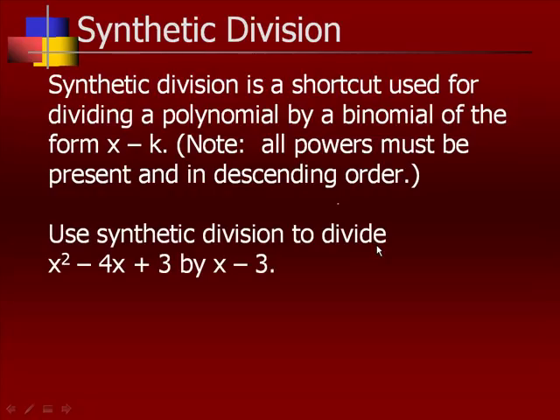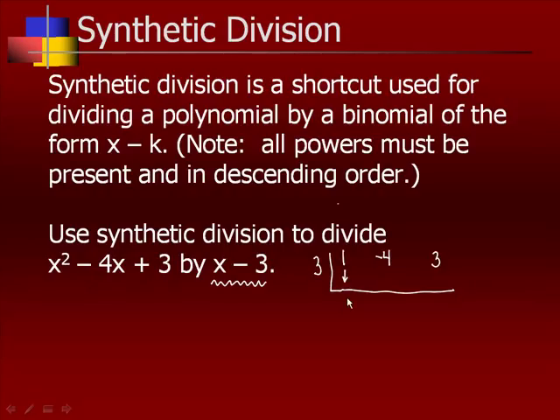So, if we wanted to divide x squared minus 4x plus 3 by x minus 3, synthetic division says if we are dividing by x minus 3, you take the zero of that, which is 3, and we are going to divide that into the coefficients: 1x squared, negative 4x, and a 3.